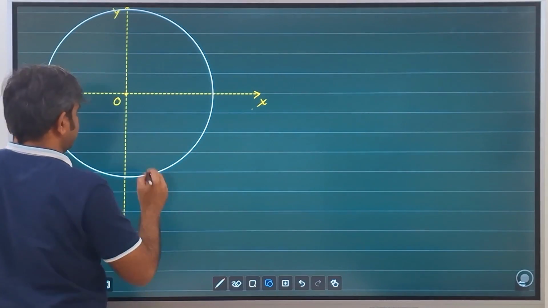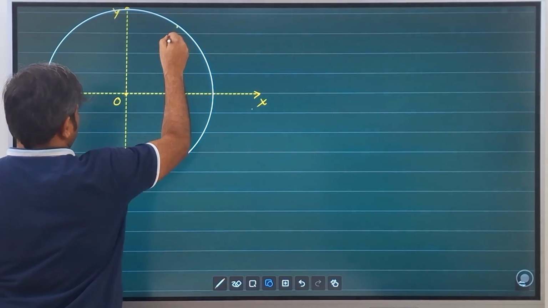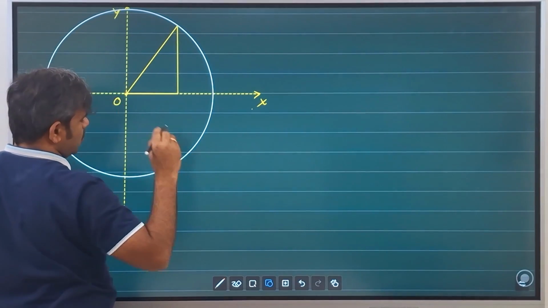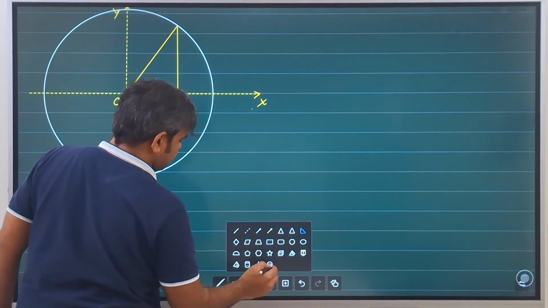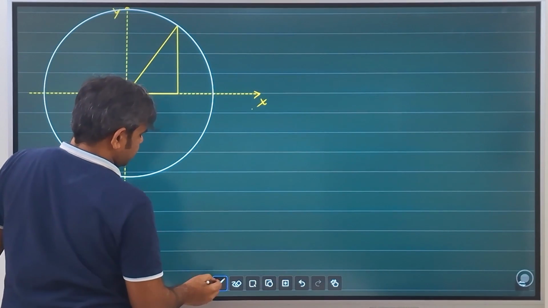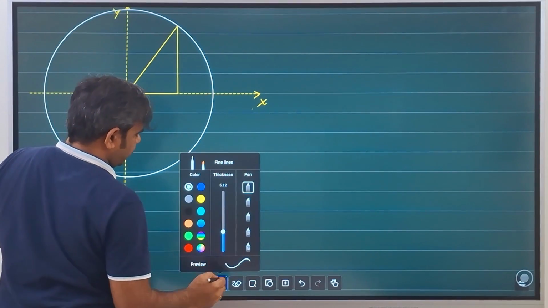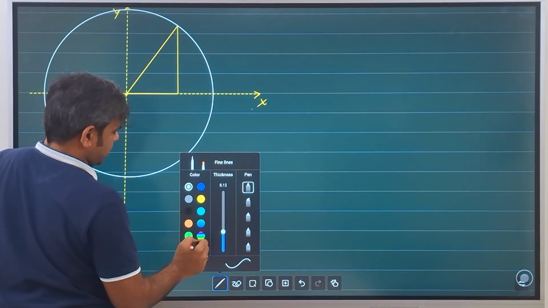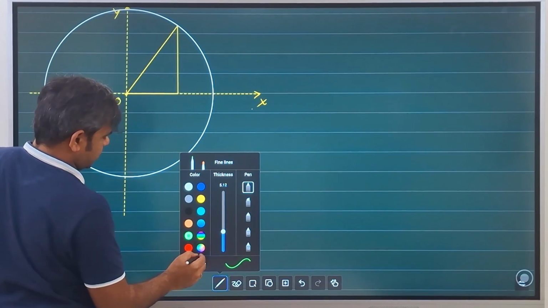Now draw a right angled triangle in first quadrant. One more right angled triangle in the fourth quadrant.